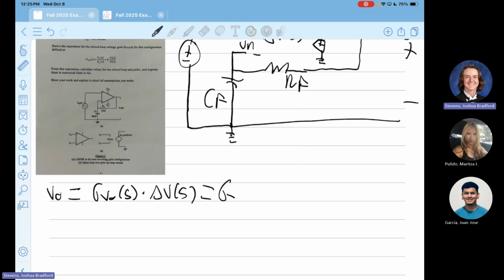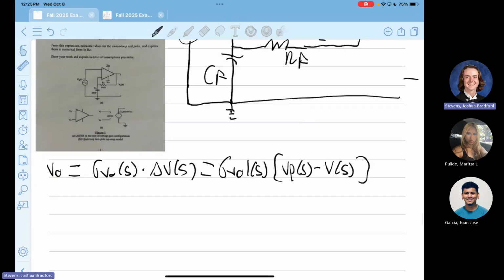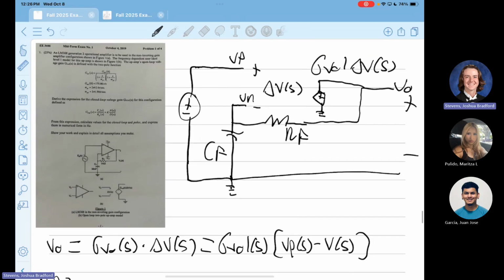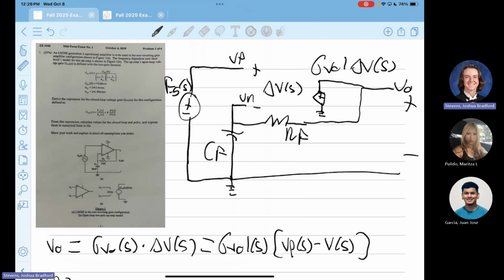So, like I said, the delta V of S is literally just the difference of the positive and negative terminals of the op amp. We kind of find what the voltages are at both points. What's the voltage at VP? Oh, wait, I'm sorry, I needed to draw that in.